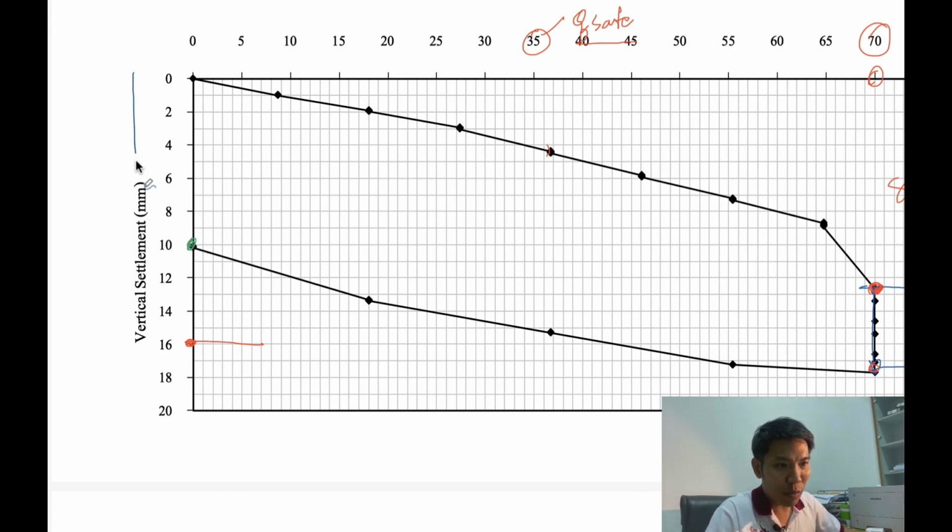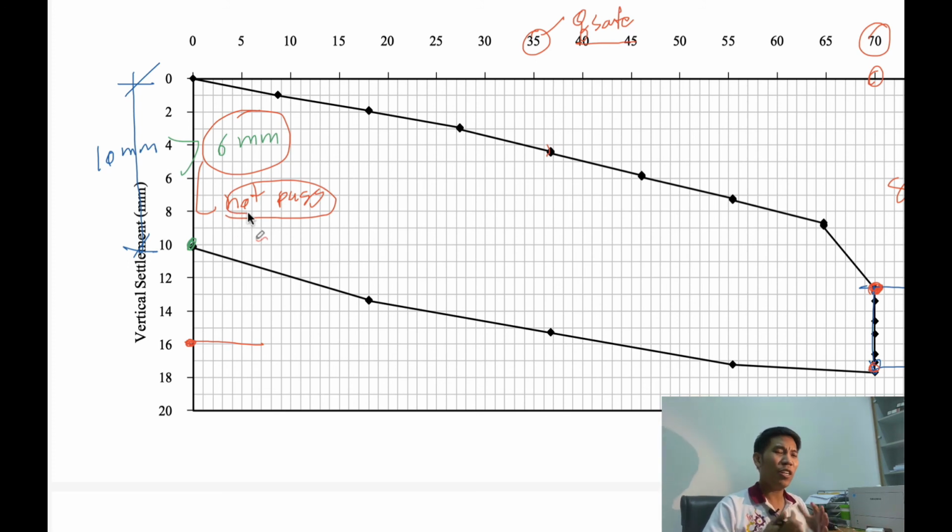How much is the permanent deformation? This one is about 10 millimeter. That means it's more than 6 millimeter. That means it's not passed.